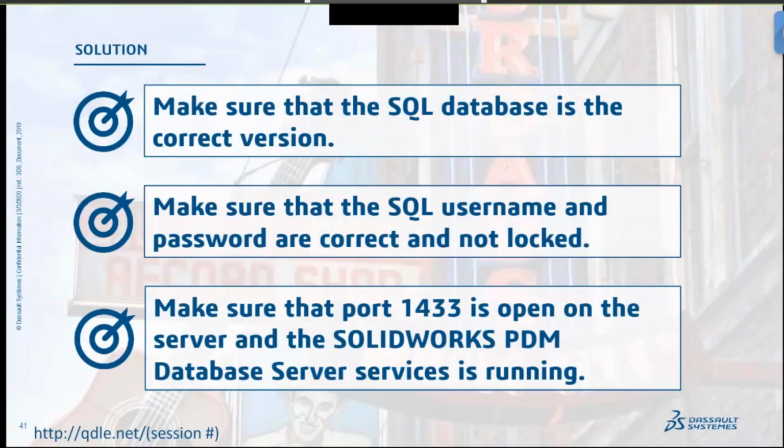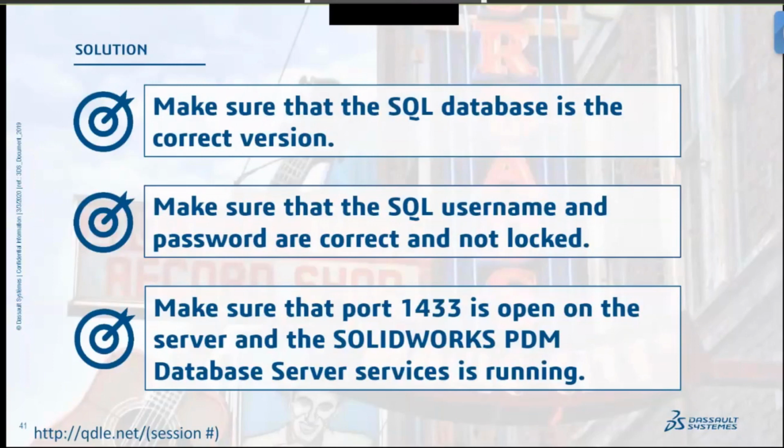And lastly, one thing that we always want to test is to make sure that the correct port is open, just like we did with the archive server, to ensure that port 1433 is actually open on the server and that the services are actually running. If the port is being blocked, or if we have another firewall that's blocking it, or if another application is taking that port over, that will cause that issue to pop up, which absolutely can happen.